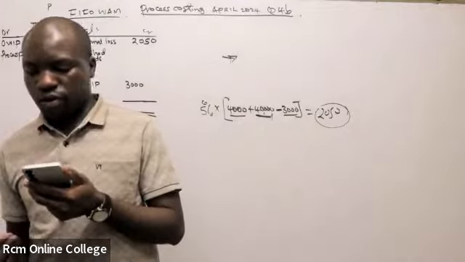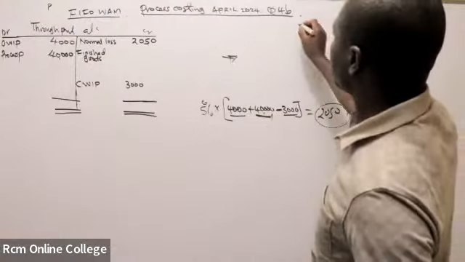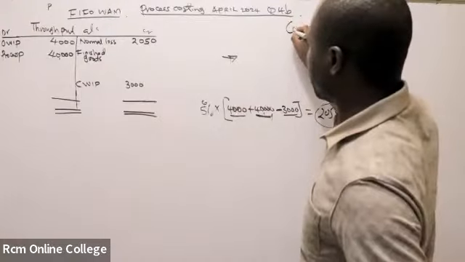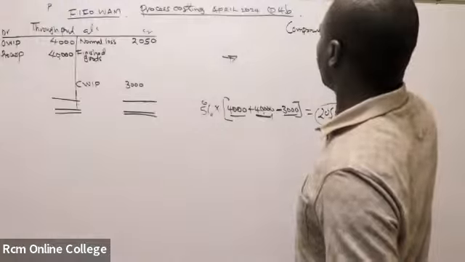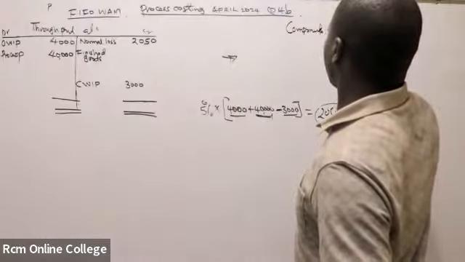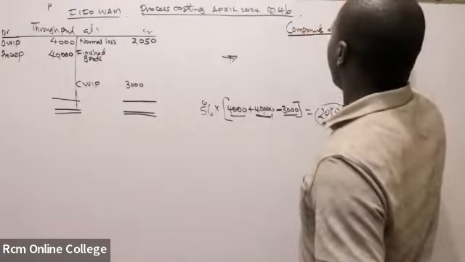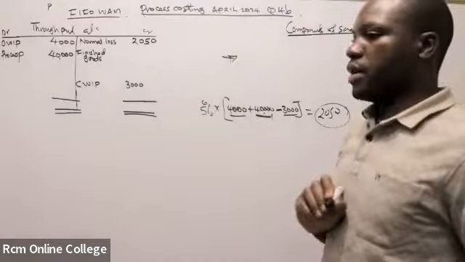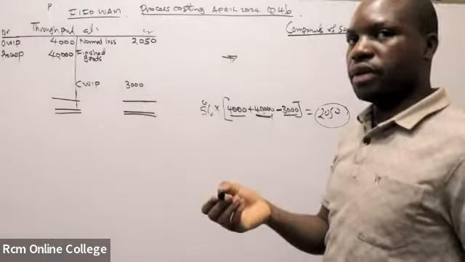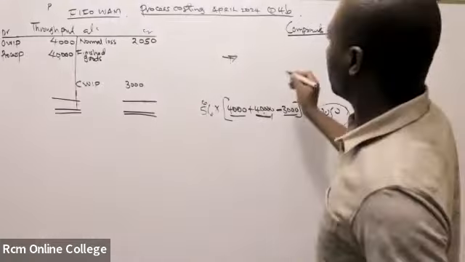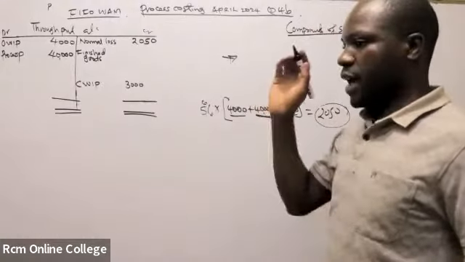Number 5, we have unit scrap. I think I mentioned during our Tuesday's class that when we prepare the abnormal loss account and the abnormal gain account, and the normal loss account, you take those things to the scrapped account.